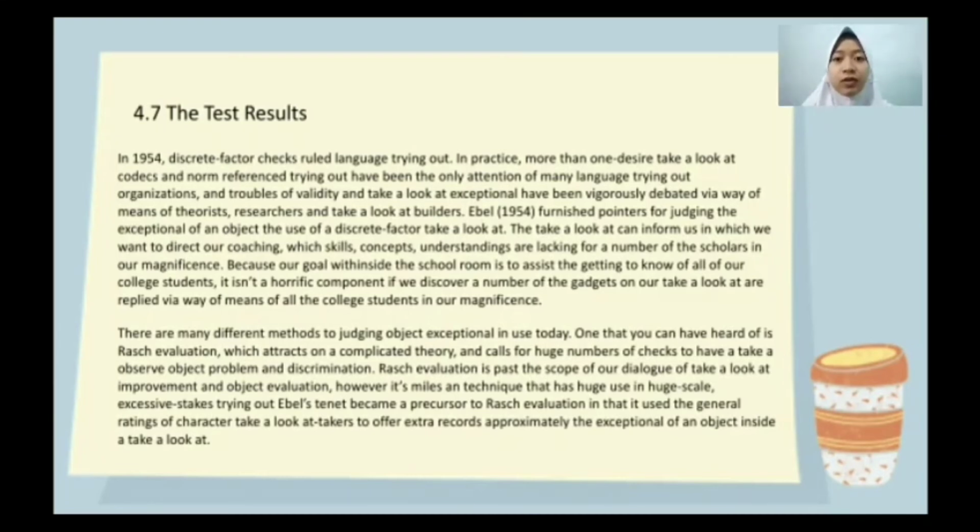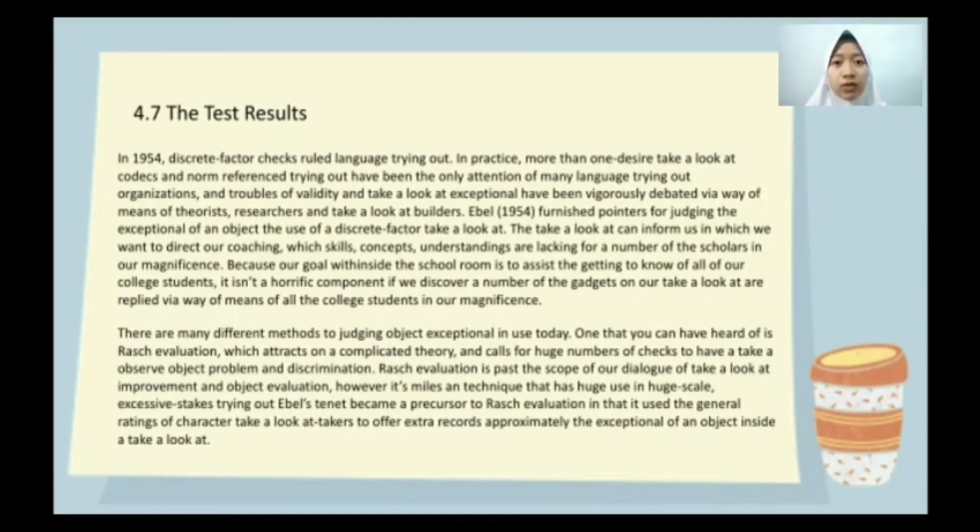And then, according to Abels, guidelines for judging the quality of an object, using a discrete point test. The test can tell us where we need to direct our teaching, which skills, concepts, understandings are lacking for some of the students in our class.